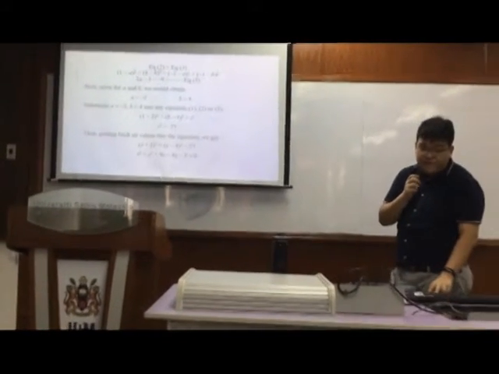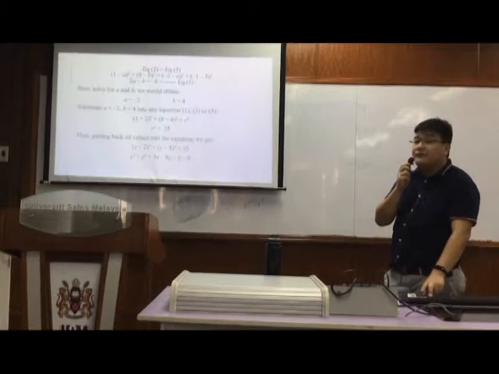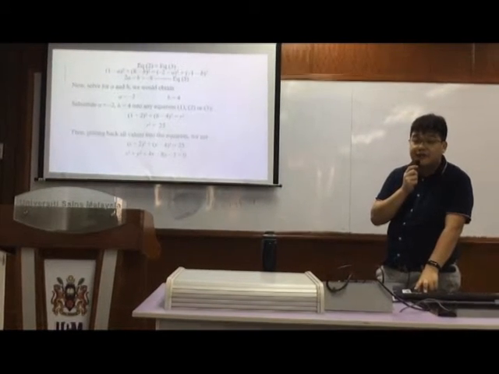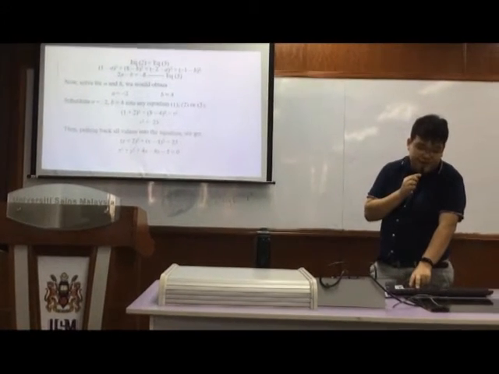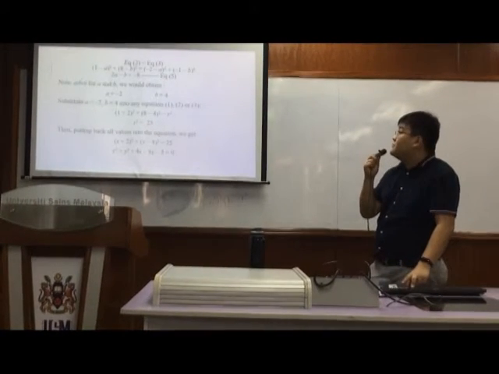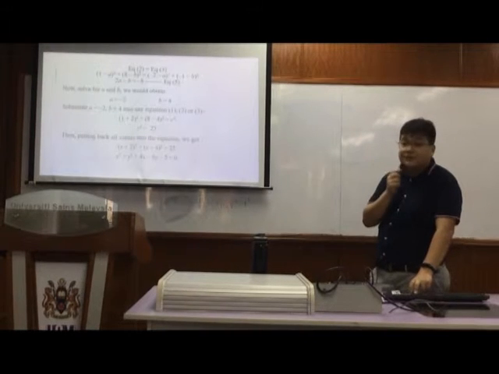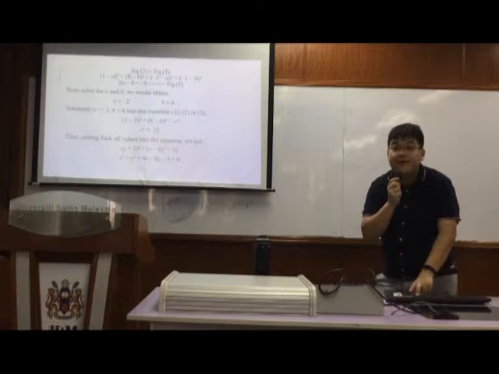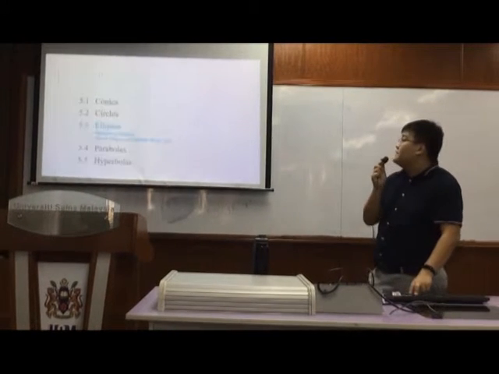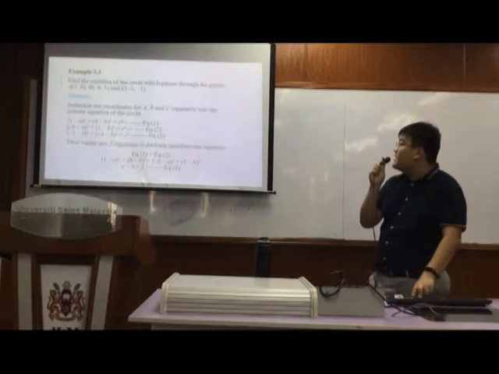Now, solving equation 4 and equation 5, you use the simultaneous equation method that you have learned in Form 3. This one you learned already in Form 3. So, you will obtain a equals negative 2 and b equals 4. Okay. Now we already found the values of a and b. So what are we short of?